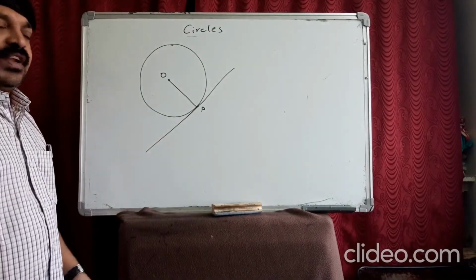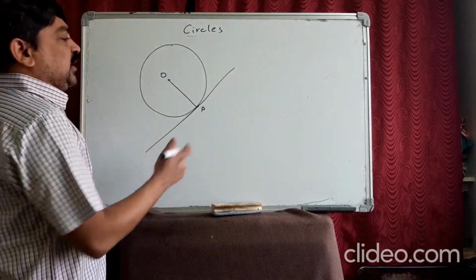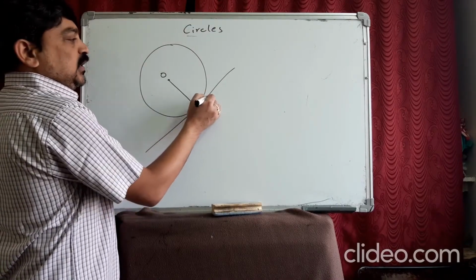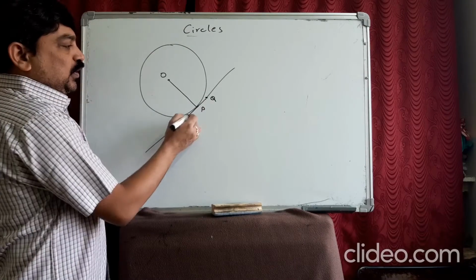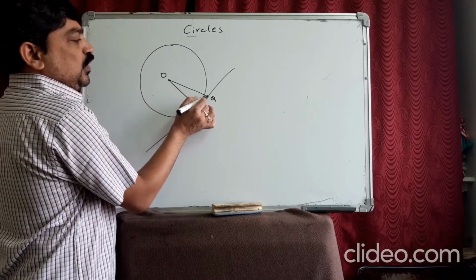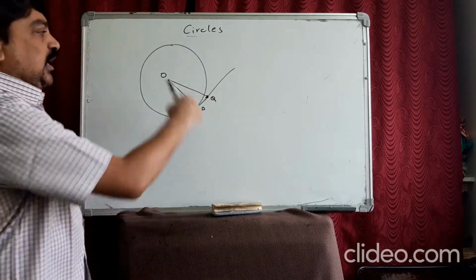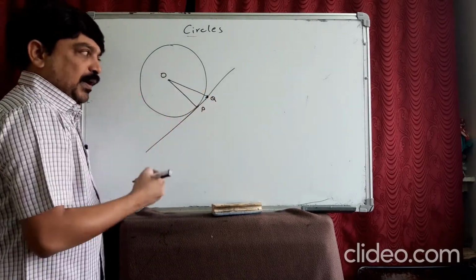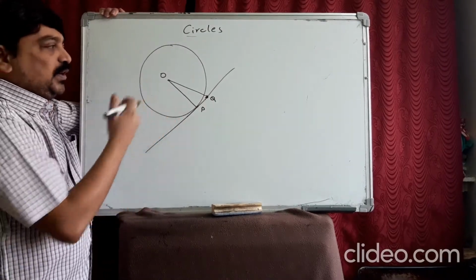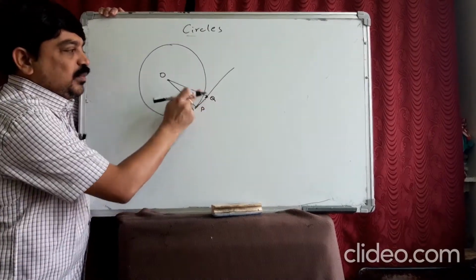How to prove? Very simple here. Suppose you take any point other than this, suppose you take Q here, and you join OQ. This is a line passing through the center of the circle, but this is not a tangent. This will not meet on the circle because the line is not meeting on the circle.